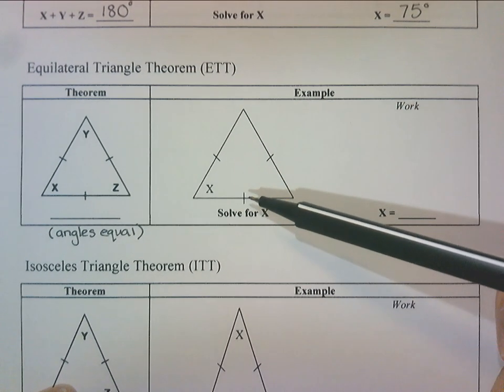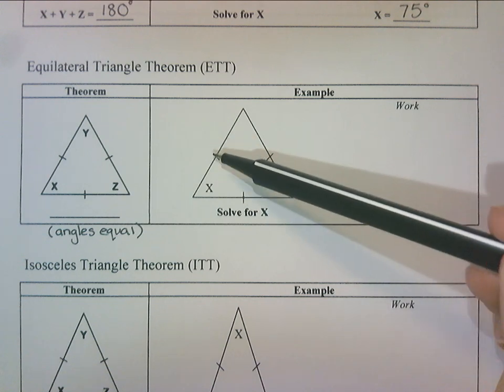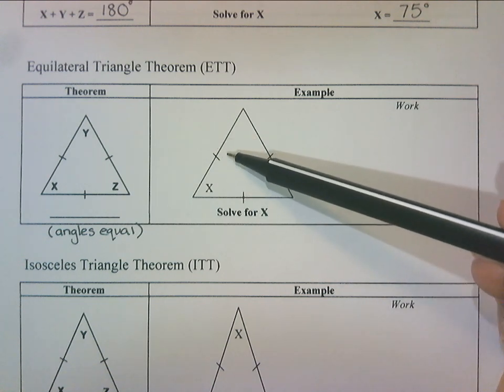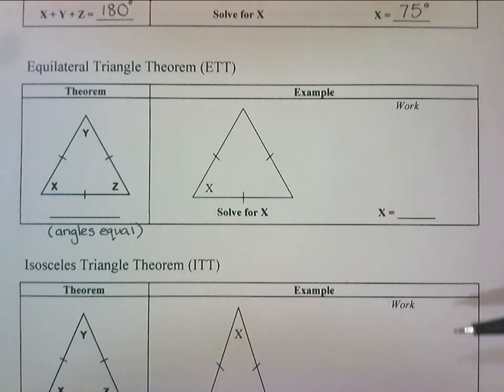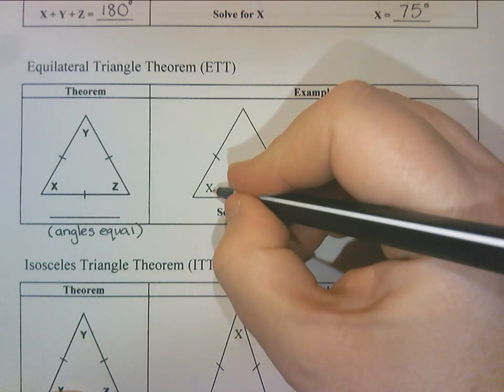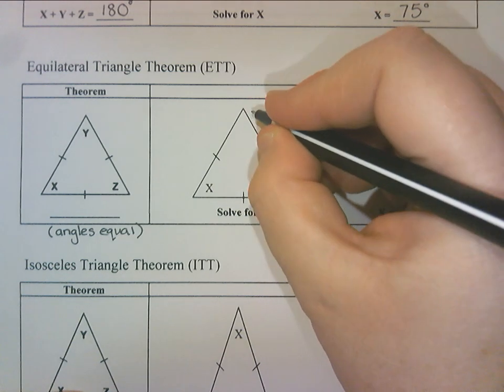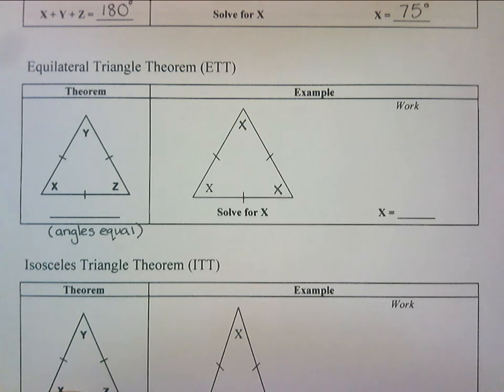So looking at this triangle, I see that it has tick marks on all three sides, and it's the same. It's just one tick mark on each side, so those sides are all equal, which means that the angles in the corners are also all equal. So if this angle is x, this angle here will be x, and that angle there will also be x.